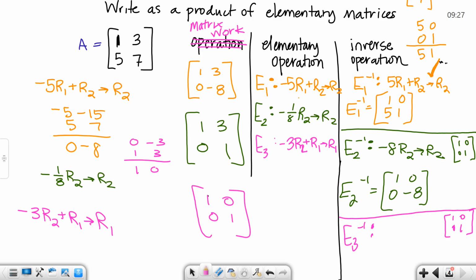And so my inverse operation is going to be positive 3 row 2 plus row 1. The other thing you're going to notice is that your rows aren't going to change. When I'm doing these inverse operations, I'm just inverting the coefficient, whether it's adding, changing to subtracting, or multiplying, changing to dividing. I'm not doing anything to the row placement. Okay?